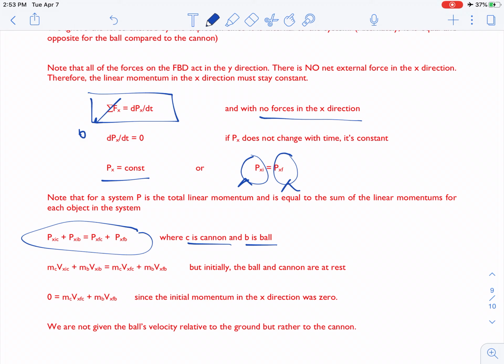Next step is writing those momentum terms in their definition. We know that P is mv, right? Mass times velocity. So we're going to be careful with the labeling. We need to be consistent. So for example, the first term, pxic, is for the cannon, right? So you're going to use the mass of the cannon and the velocity of the cannon, initial case along the x direction only.